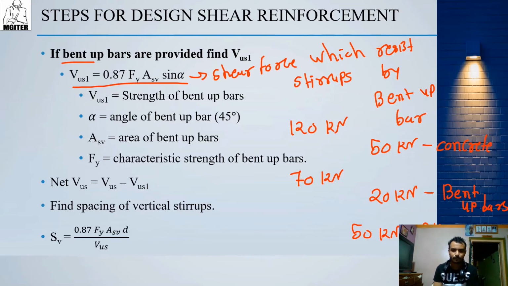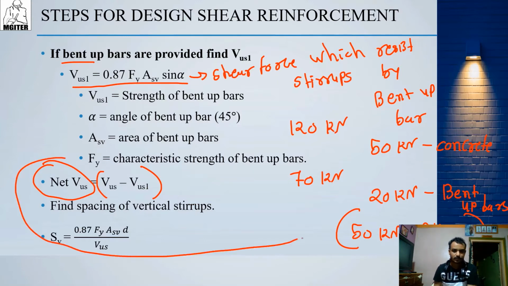Okay, so when we design the shear reinforcement, meaning we design the stirrups, we have to use this 50 kilonewton force. So when we find VUS1, we take VUS minus VUS1, then we get the net VUS. We can call this the shear force which must be resisted by stirrups.